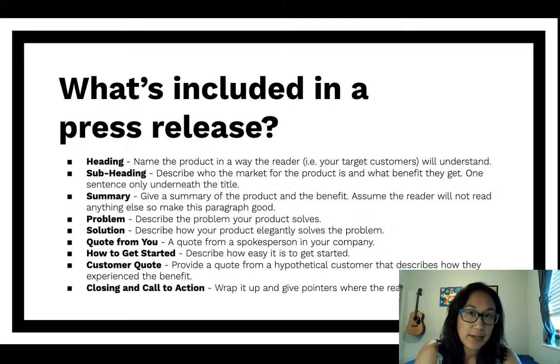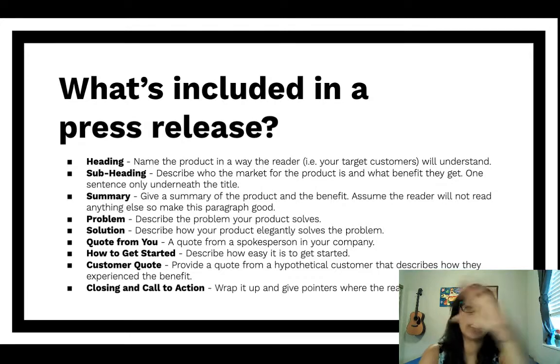So let's dive in a little bit and talk about what exactly is included in a press release. A press release is formatted in a number of different ways, but most frequently it's a Word document. It looks very plain. It's not designed with any particular template in mind, but there are certain pieces of content that need to be in your press release to have it qualify as one.